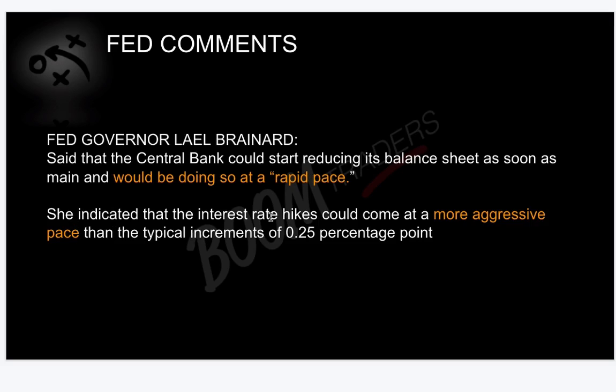We're also seeing that interest rate hikes could come at a more aggressive pace than the typical 0.25%, and could happen as early as May. So this means that Wall Street is anticipating 0.5 or 0.75 percentage points. That could be worrisome in the short term for sure.